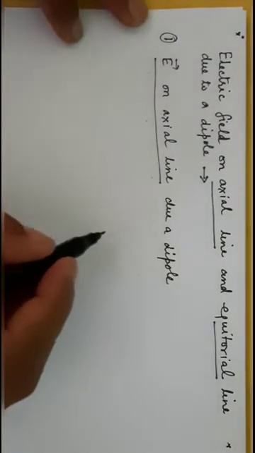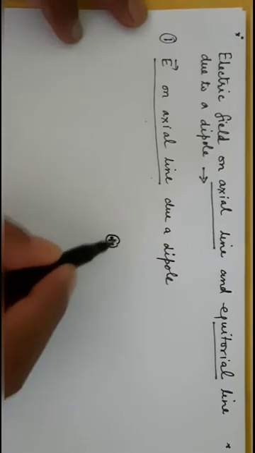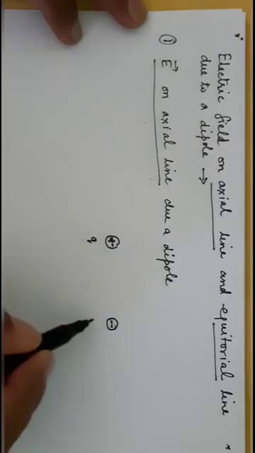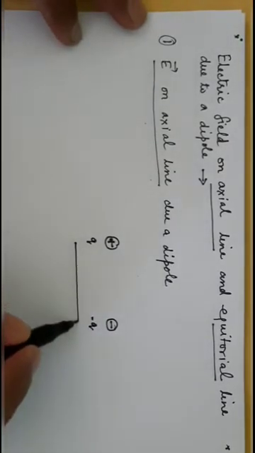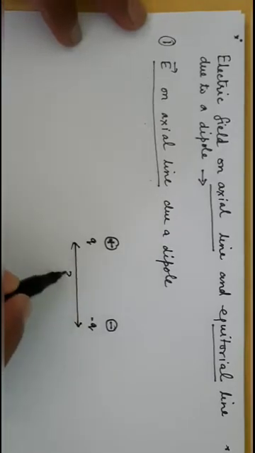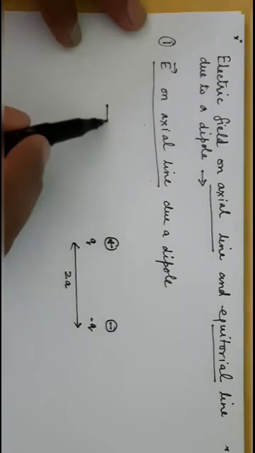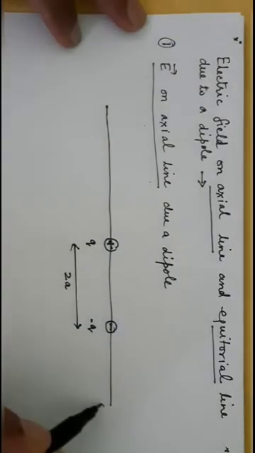So first of all, choose a dipole. So this is our dipole. This is your positive charge, negative charge, each having a magnitude q, and they are separated by a distance that is 2a, and a line which is passing from positive to negative charge is known as axial line.